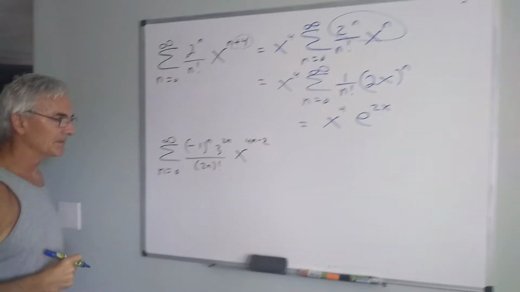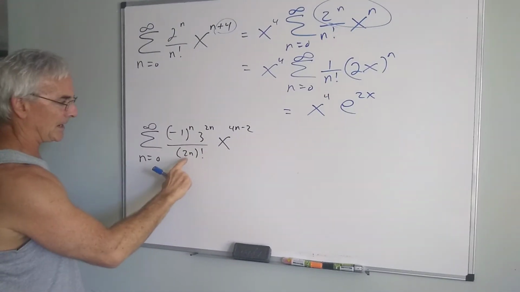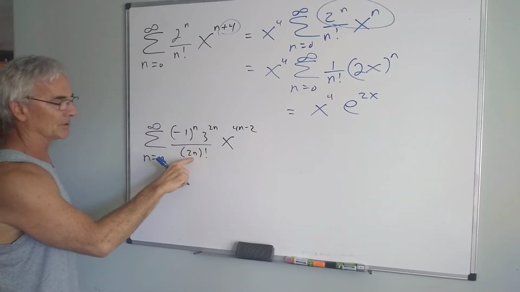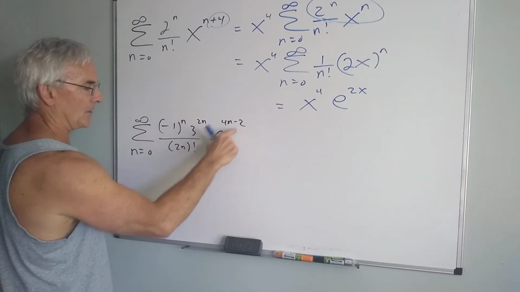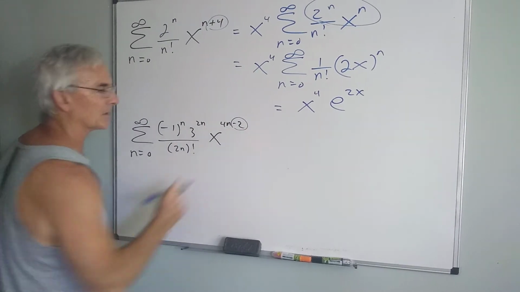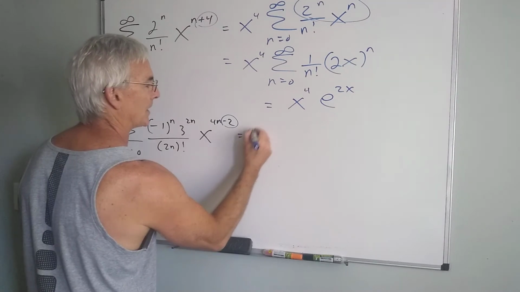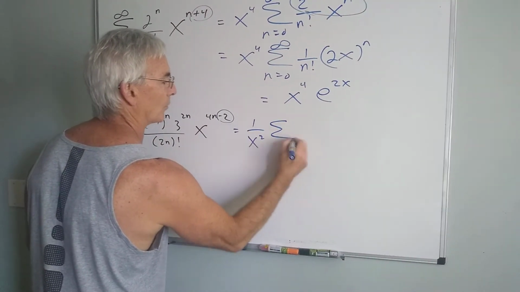Now the next one is a little bit busier, but again I see the 2n in the factorial and that looks a lot like the cosine function. Now I look at this term here, it doesn't quite match, and again I have this little extra term hanging around. Because it's a minus, I can pull out a 1 over x squared to start with.